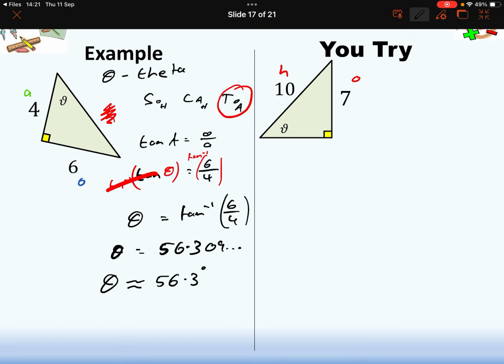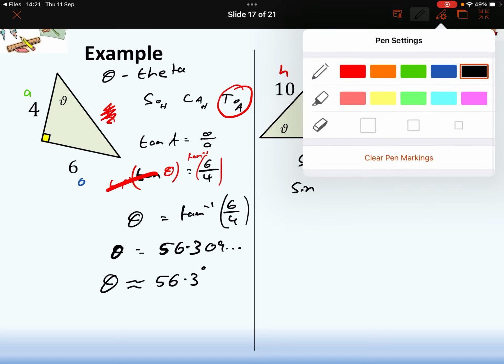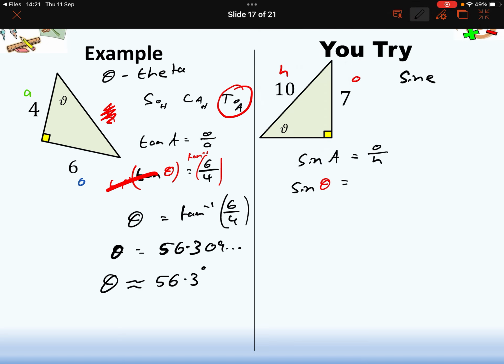So in my SOHCAHTOA, I'm looking for a ratio that uses O and H, or opposite and hypotenuse. And the only one that does is sine. So I'm going to be using sine. So I'm going to write sine of my angle is equal to the opposite over the hypotenuse. I don't know the angle, so I call it theta. That's equal to the opposite side, which is 7, over the hypotenuse, which is 10.